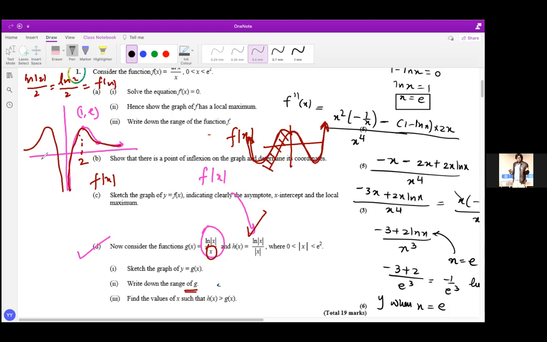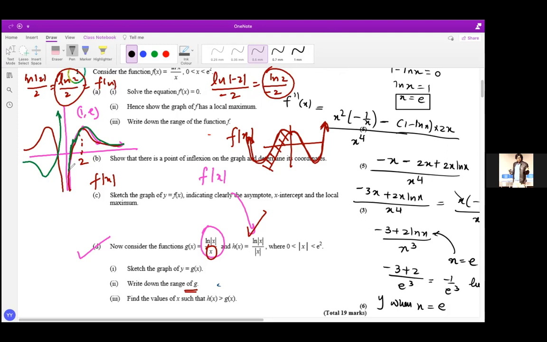But on the left-hand side, if I put ln of absolute value of -2 over -2, it is ln of 2 divided by -2. The only thing you notice is it's the negative of the exact same value. So it means that this part will just be reflected in the x-axis. If I sketch the graph, this side is going to be something like this, and this side remains as it is.